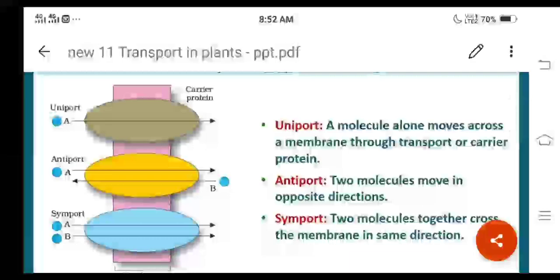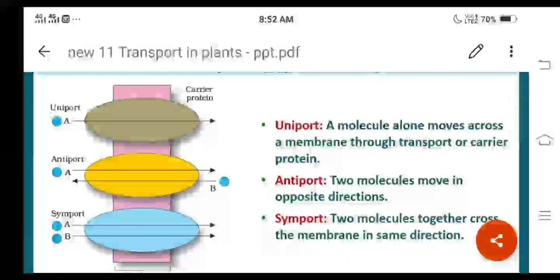In the given diagram you can understand here, please watch the diagram. If two molecules together cross the membrane in the same direction, then it is said to be symport.